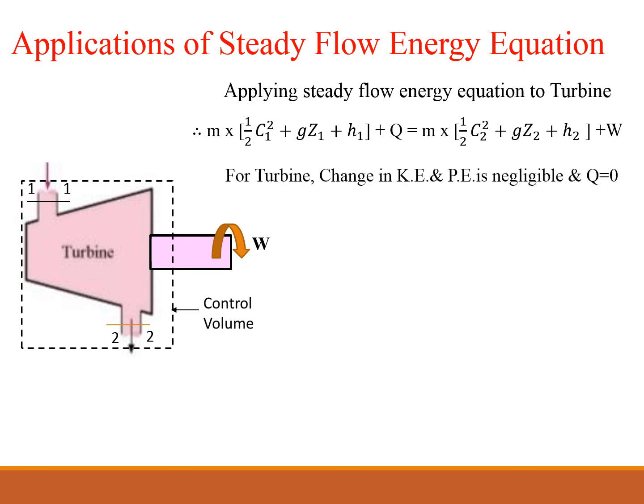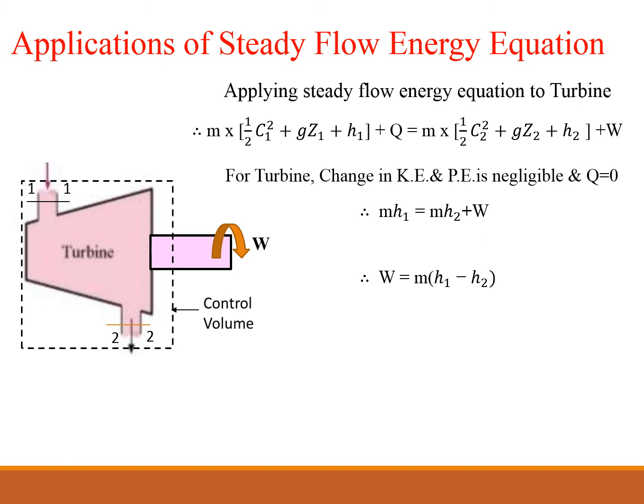In a turbine, kinetic energy and potential energy are negligible and Q is equal to 0. So the modified equation is m H1 is equal to m H2 plus W. Mathematically, we can derive W is equal to m in bracket H1 minus H2.